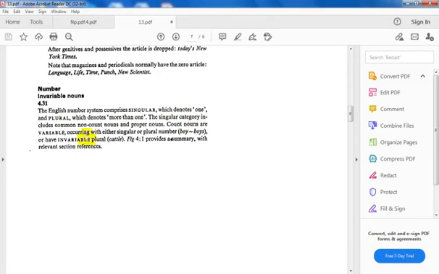The singular category includes common non-count nouns and the proper nouns. Count nouns are variable. What does singular count include? They include common non-counts, all non-counts, and the proper nouns, as just explained.